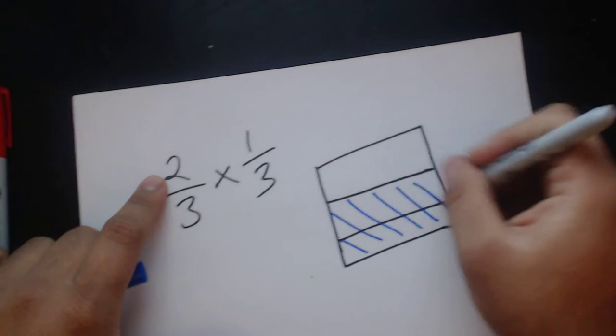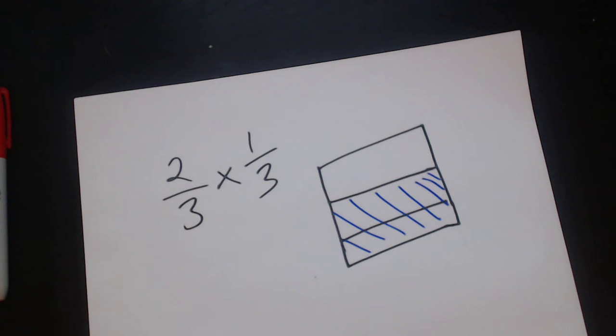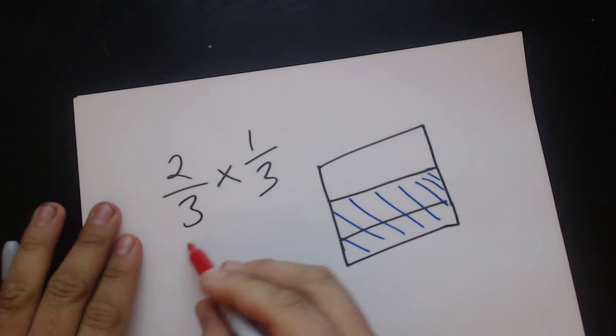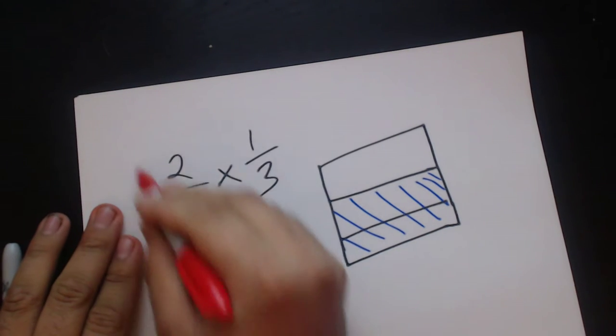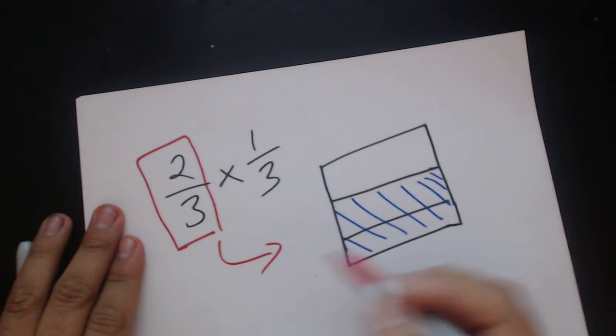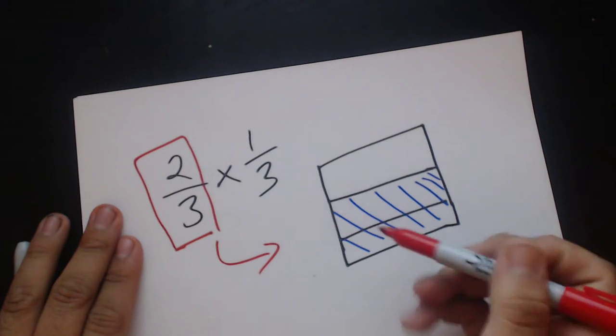Now some of you are thinking, well, Mr. Valadez, how do we know which one we're going to model first? Well, when it comes to multiplication, because of the commutative property, it doesn't really matter. So I went ahead and did this one first. That's my first model that I did. So now I'm going to model my 1/3 going down.